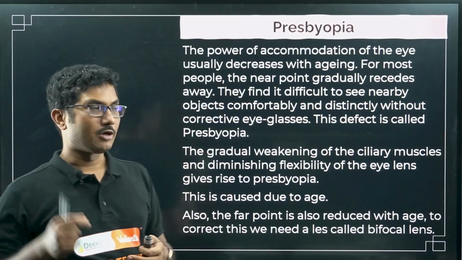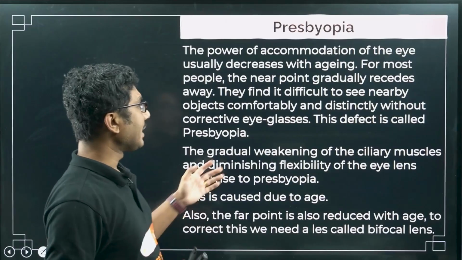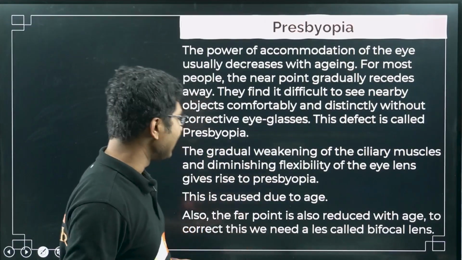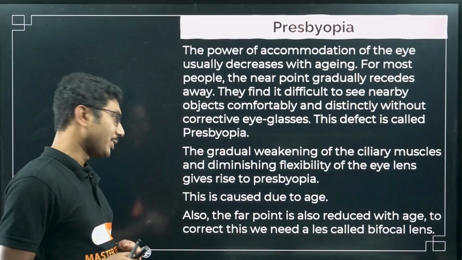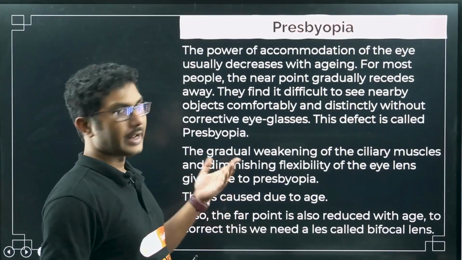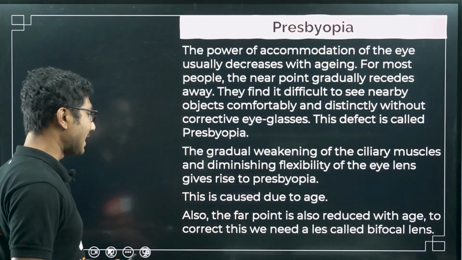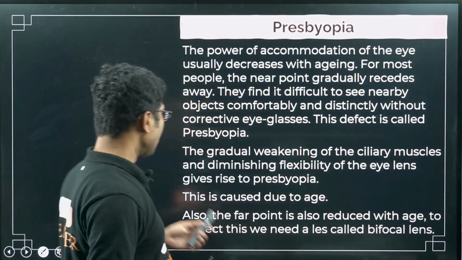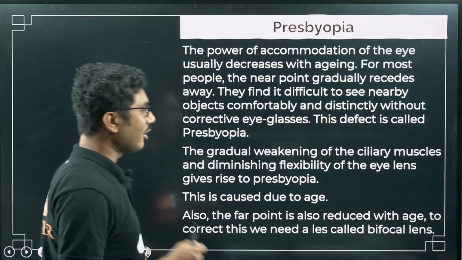The gradual weakening of the ciliary muscles and diminishing flexibility of the eye lens gives rise to presbyopia. This is caused by age. Also, the far point is reduced with age. To correct this, we need a lens called a bifocal lens.